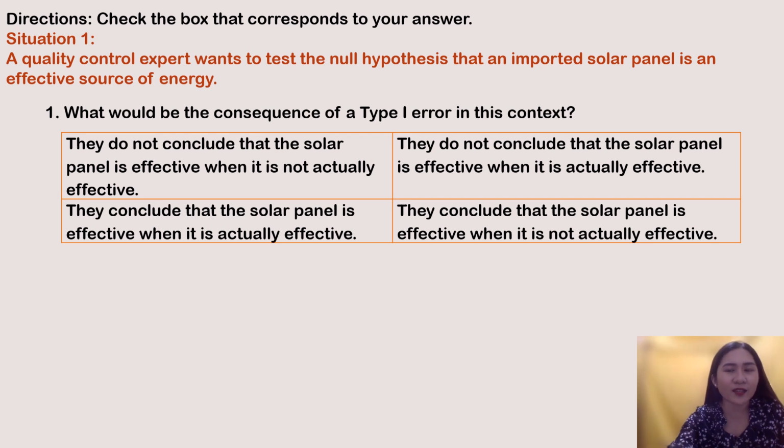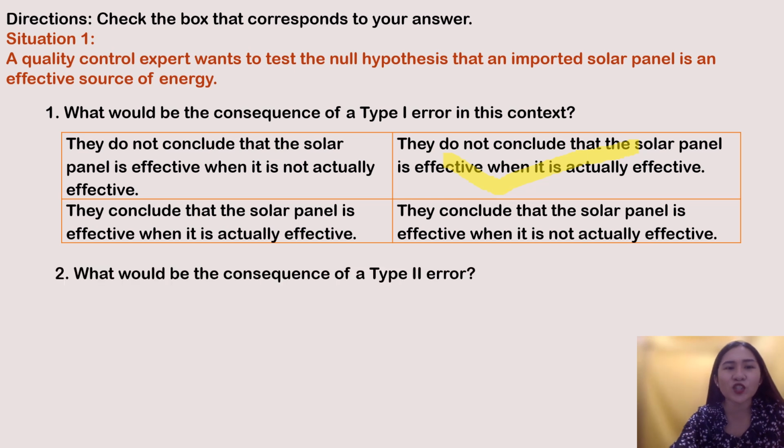Delphine, you're raising your hand. Good job, Delphine. You were able to get the correct answer. The correct answer is, they do not conclude that the solar panel is effective when it is actually effective. Okay, that is type 1 error. Thank you very much.